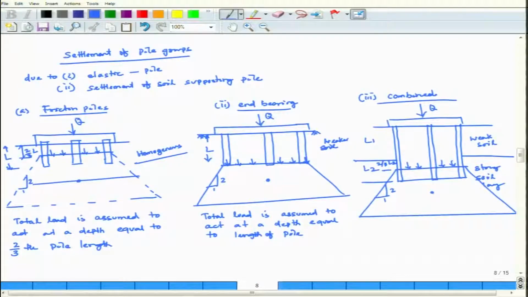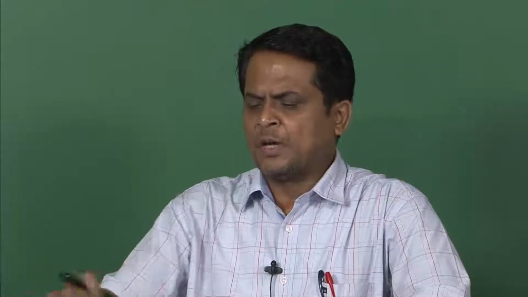There are 3 cases: case 1 friction pile, case 2 end bearing pile, case 3 is your combined pile. Friction piles, total load is assumed to act at a depth equal to 2/3 of your pile length. End bearing pile, total load is assumed to act at a depth equal to the length of the pile. Combined pile, total load will act at a depth of 2/3 of L2, not in L1.